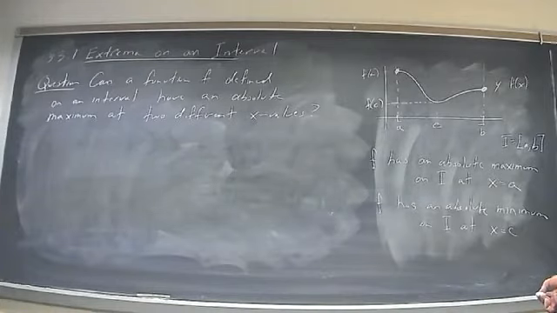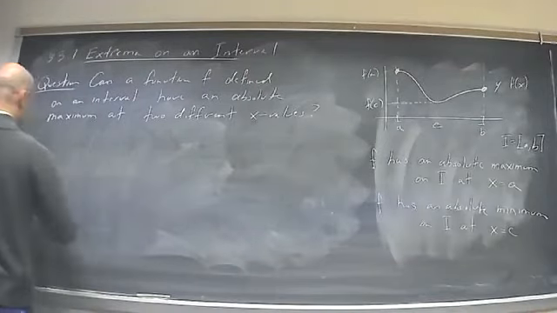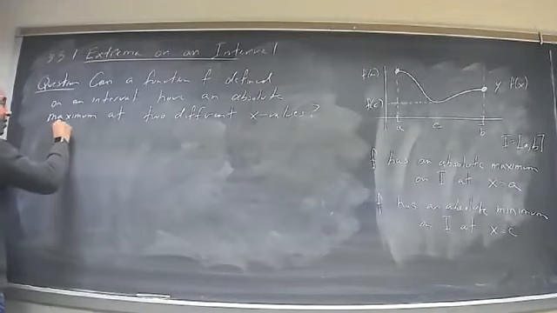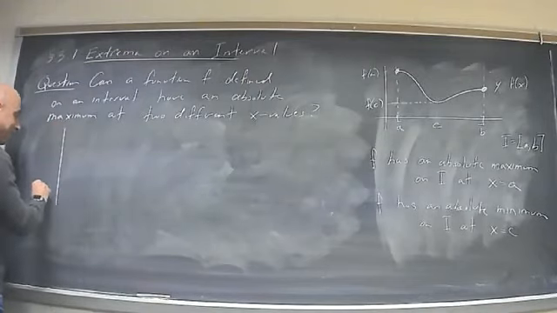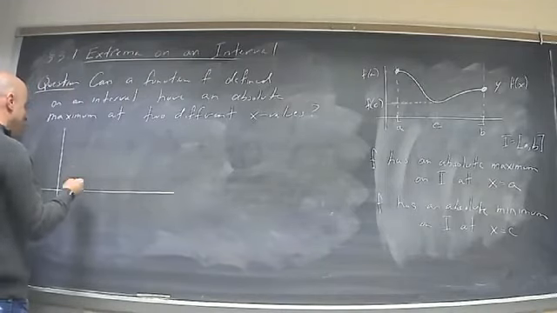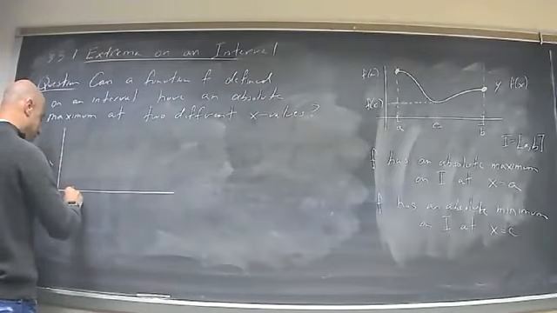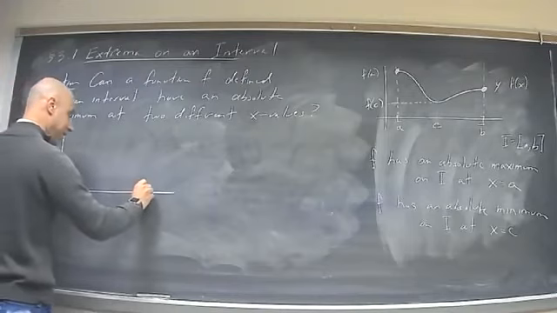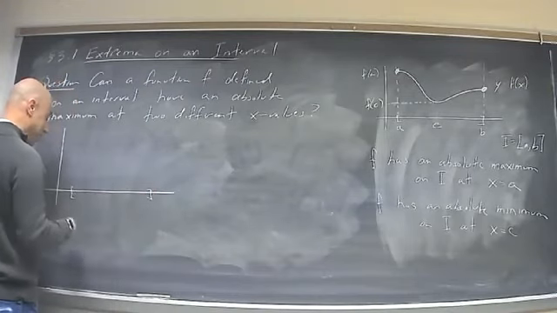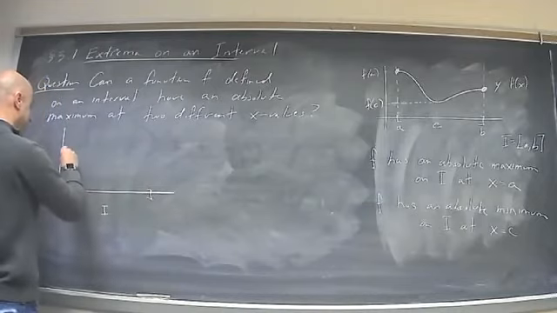So I see a thumbs up for yes, another thumbs up for yes. Yeah, you're absolutely right. So we can certainly have an absolute maximum at more than one x value as long as those 2 x values have the same y value. So for instance, let's say here's my interval from here to here. It doesn't have to be a closed interval, it could be an open interval. So from there to there is my interval.